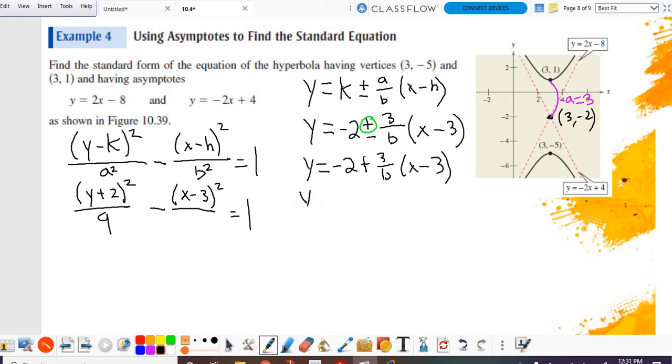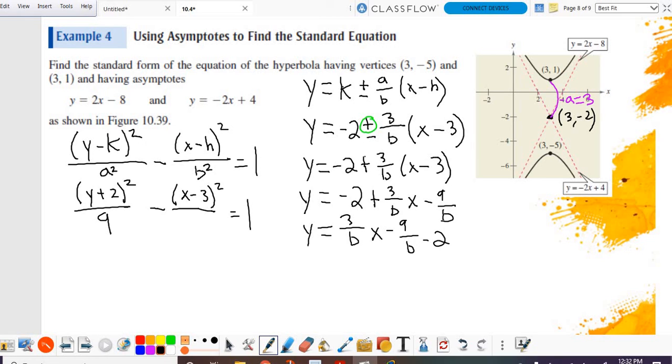So I'm going to go ahead and distribute that 3 divided by b. When I distribute it to the -3, 3 times -3 gives us -9, and then we would still have divided by b. So then I'm going to rewrite it a little bit: 3 divided by b times x minus 9 divided by b minus 2.